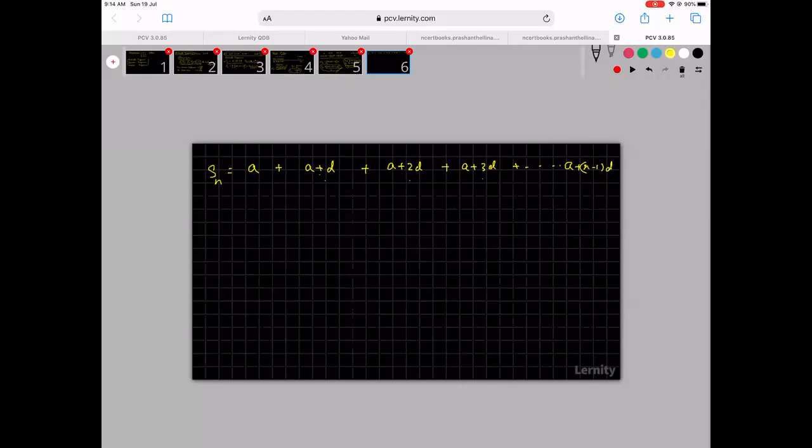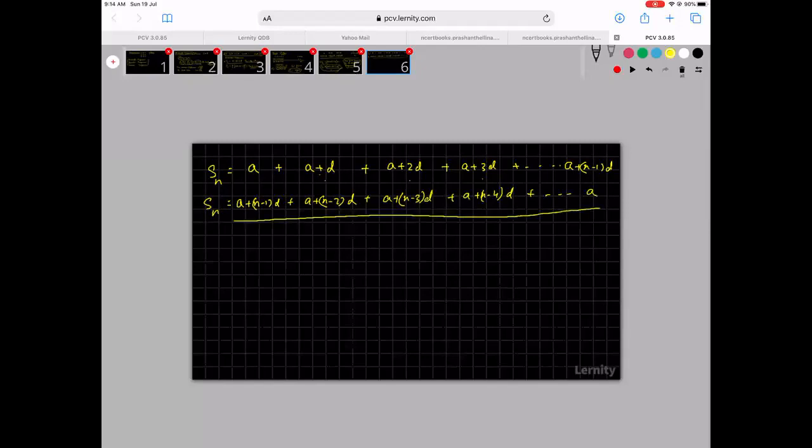Now the way I'm going to find out the sum is to write this in reverse order. So a plus n minus 1 into d plus a plus n minus 2 into d plus a plus n minus 3d plus a plus n minus 4d, and I'm going all the way up to a.